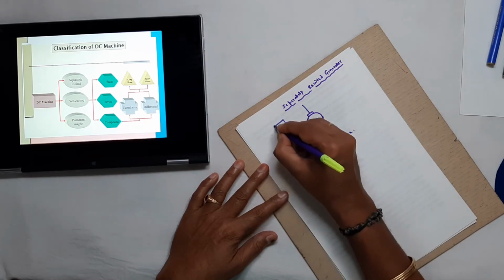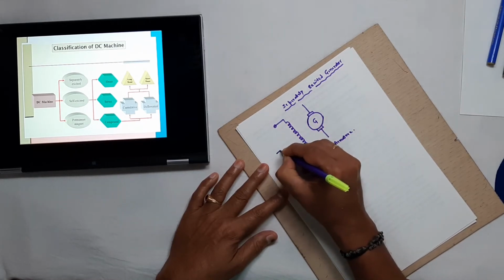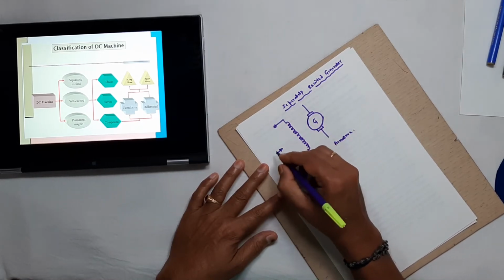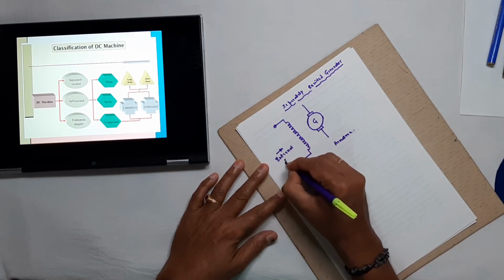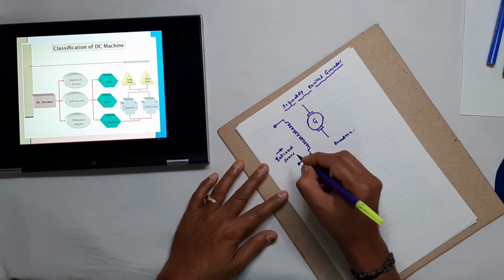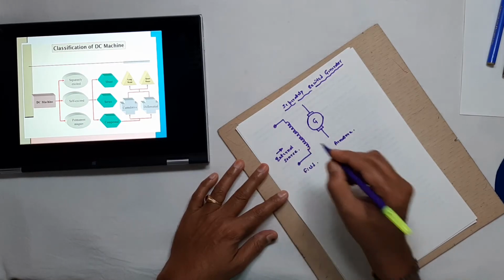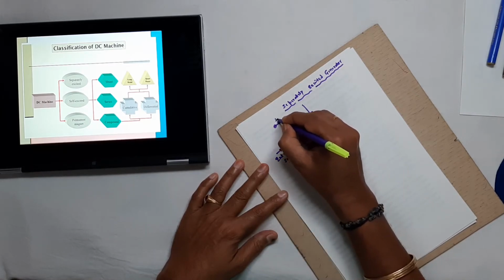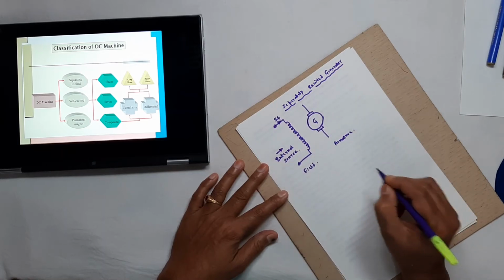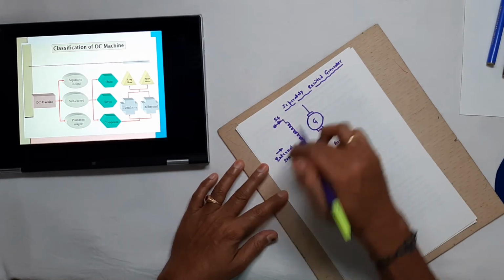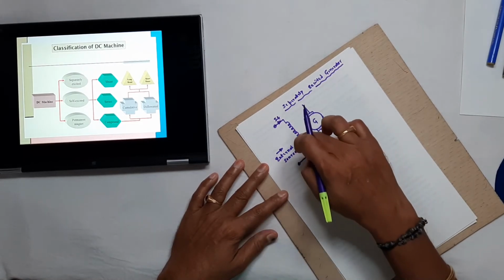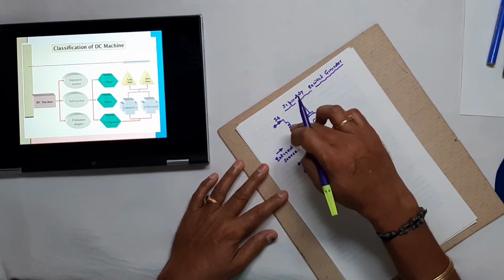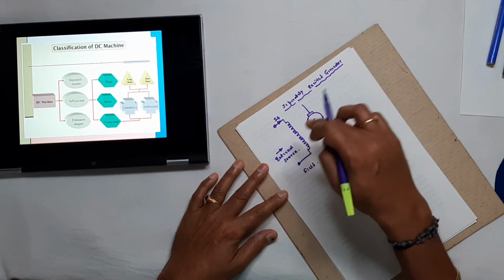This field winding is excited by an external source. That is why it is called a separately excited generator. Therefore, the field current IF is flowing through the field winding. It is producing the magnetic field. Then the armature is rotating. The flux is stationary, whereas the conductors are moving.